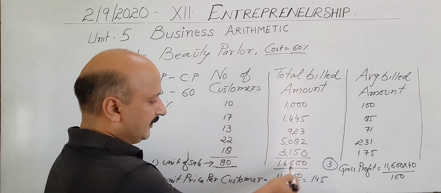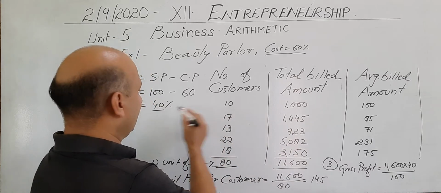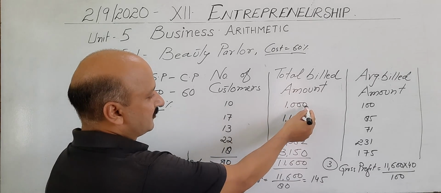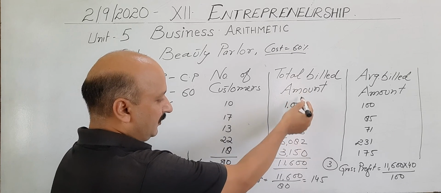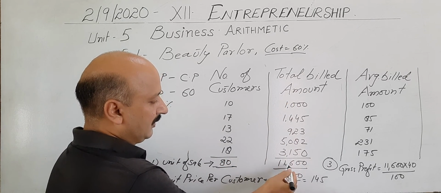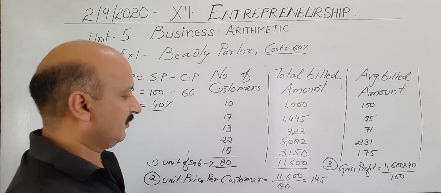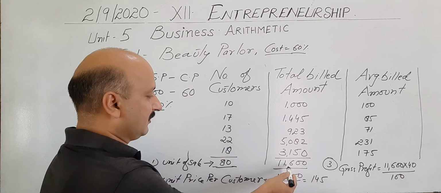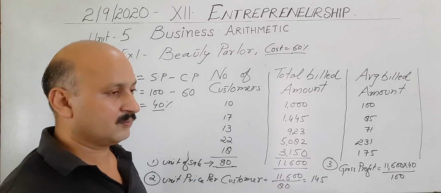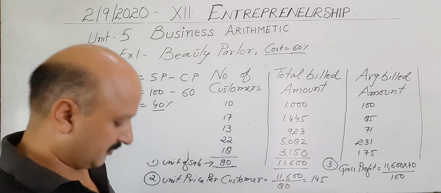This is our total sales and this one is weekly sales. First week 1000, then second week 1445. So we total them and it is 11,600. So we will calculate 40% of 11,600 to achieve the gross profit.